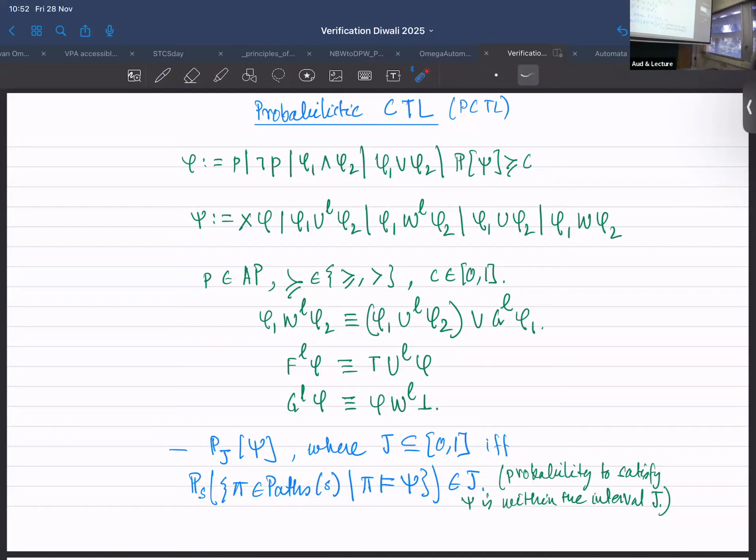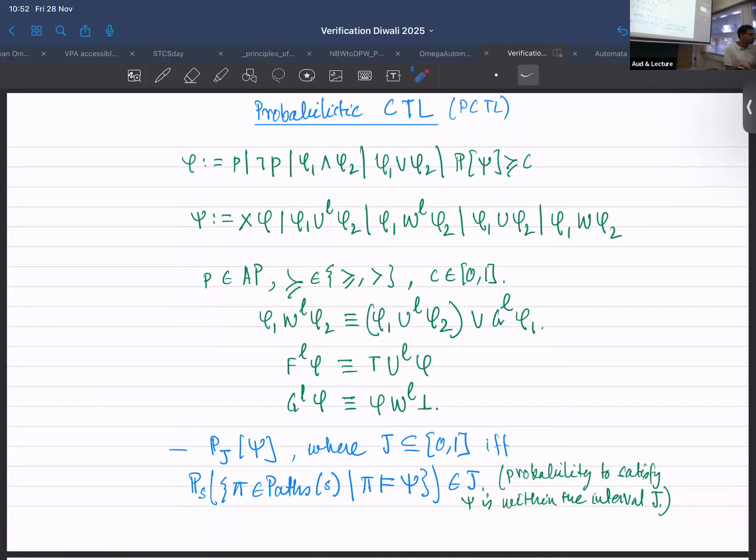So everything you see is very similar to CTL. If you look at this for a while, what difference do you find with respect to CTL?